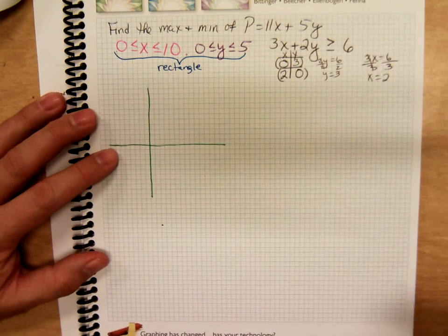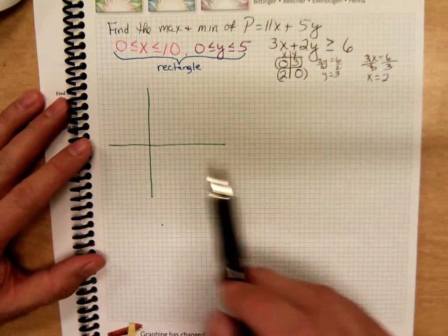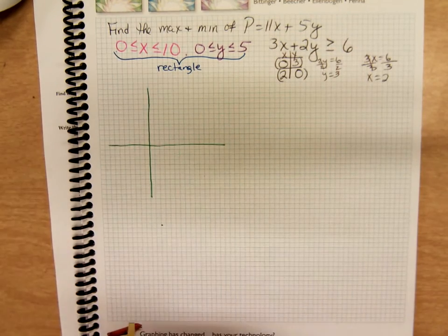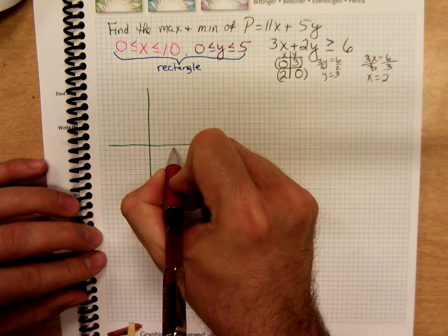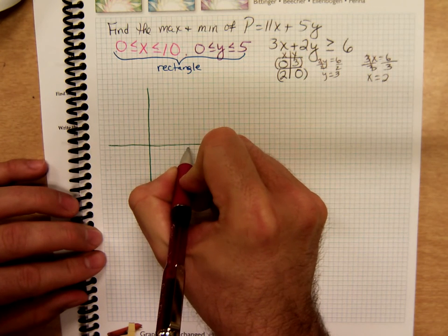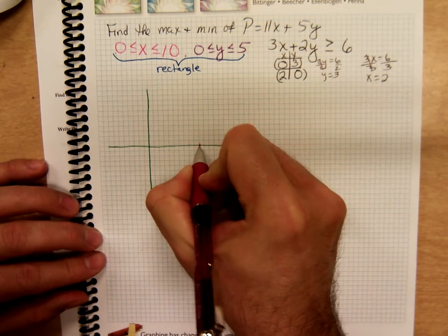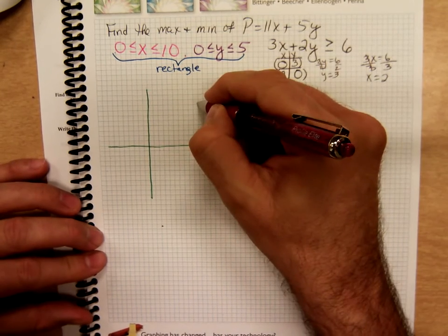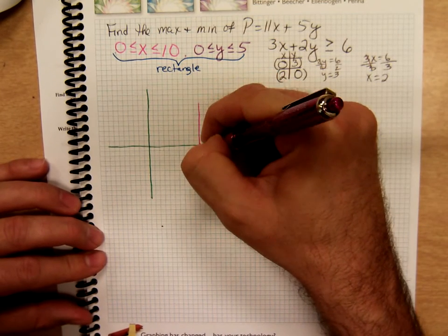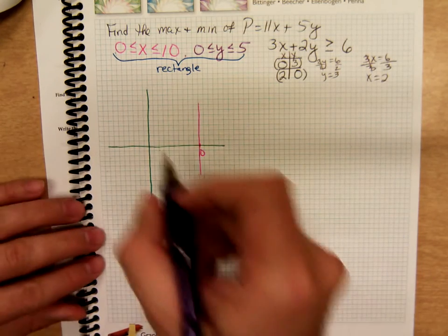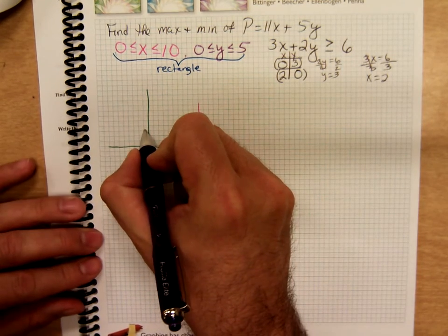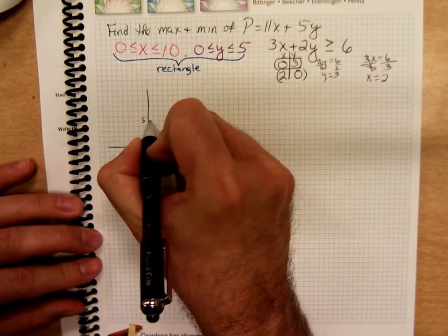Okay, so x is between 0 and 10. 1, 2, 3, 4, 5, 6, 7, 8, 9, 10. That would be x between 0 and 10. And y between 0 and 5. 1, 2, 3, 4, 5.